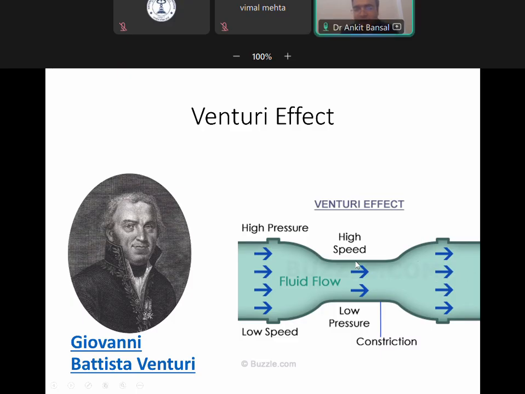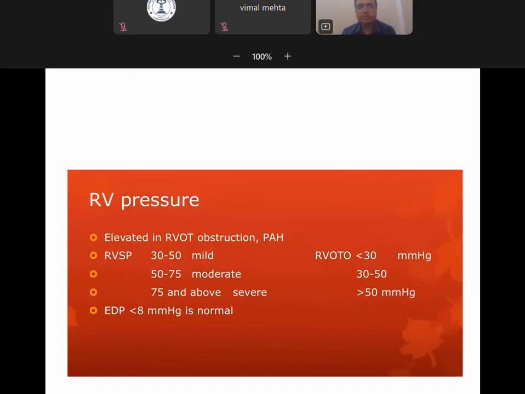Once we come into the high constriction zone, because of the accelerated flow in this zone, the pressure further decreases here. So here it was 9, becomes 4. And once we come back into the high pressure zone, the pressure increases. So this is the grading of the severity of the obstruction at the pulmonary valve level.